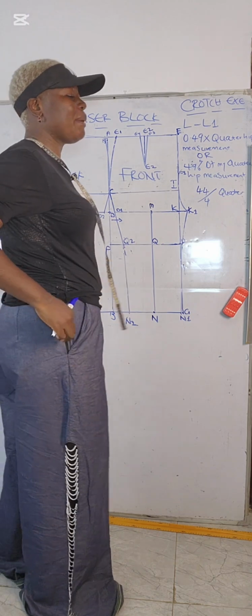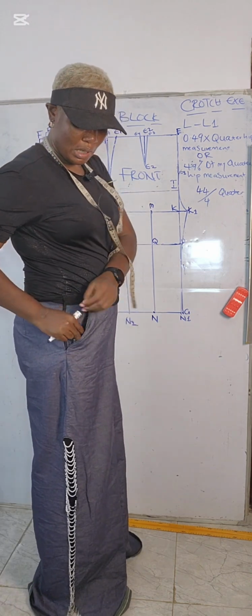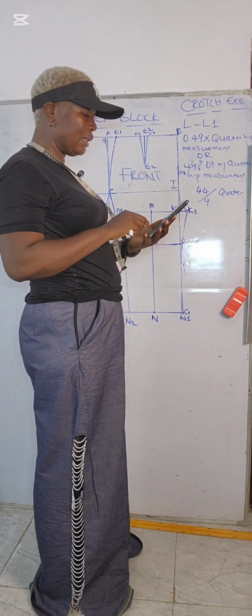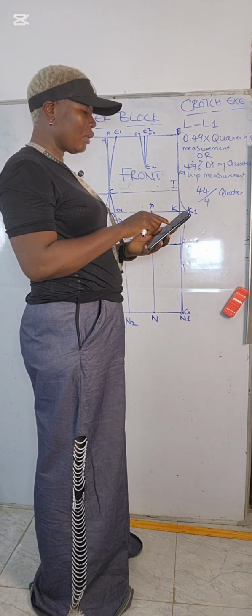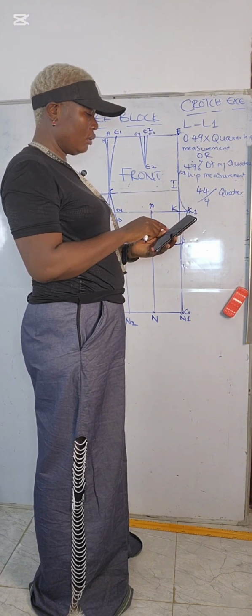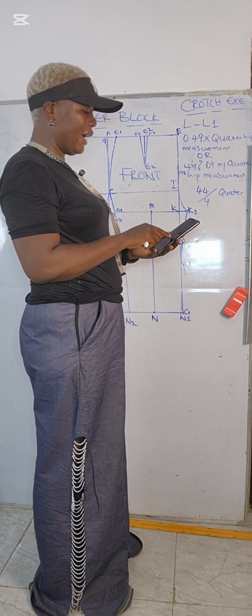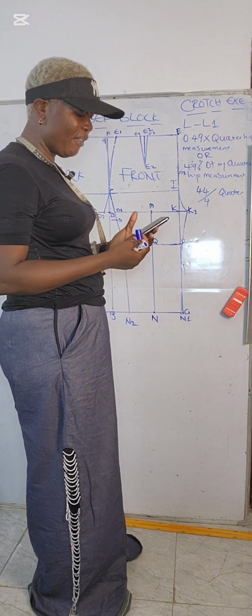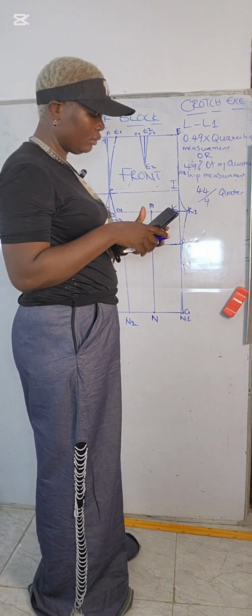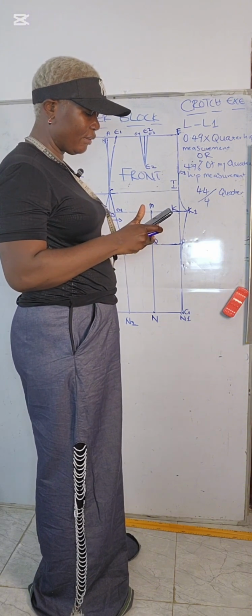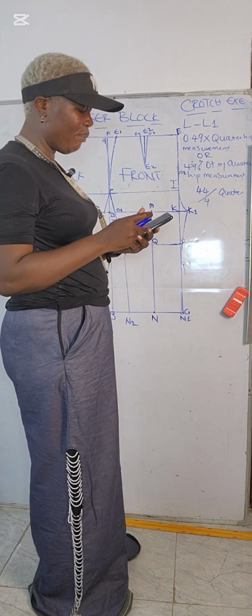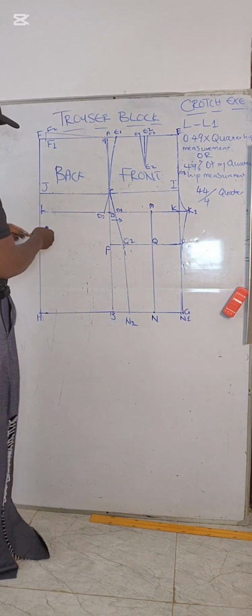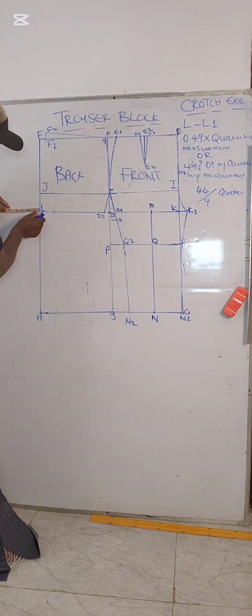So what is the 49% of my quarter hip measurement? 49% is 0.49 times 11. So I have 5.39, sorry, 5.39. So I will come here and I will measure my 5.39.